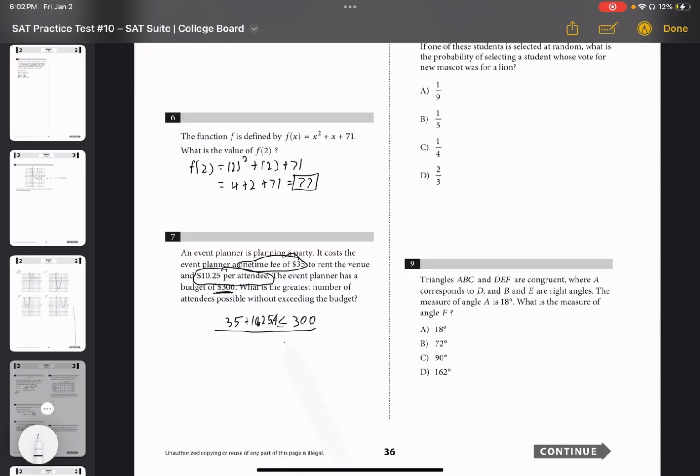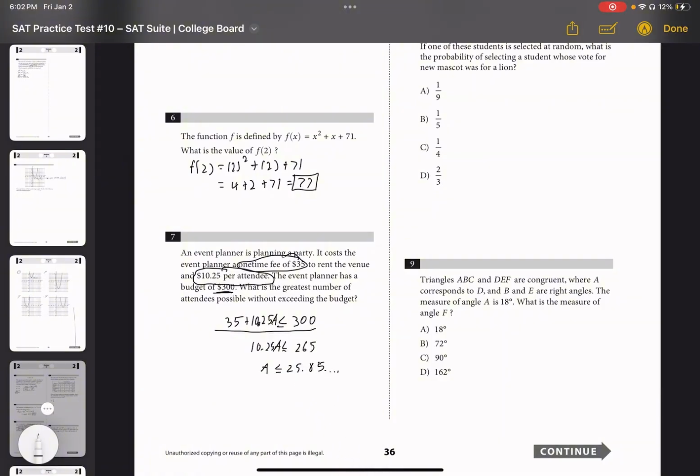Now we're going to solve the inequality by moving 35 to the other side. So that's going to give you 265 is greater than or equal to 10.25a. So a is going to be less than or equal to 265 divided by 10.25, and that's going to give you 25.85, and then a bunch of decimals after that.